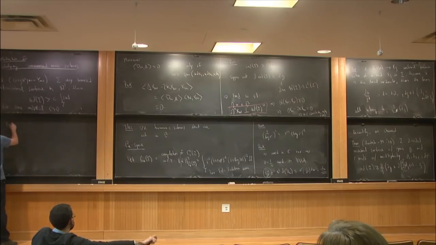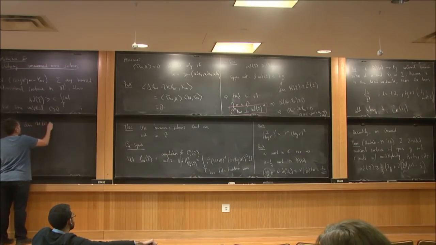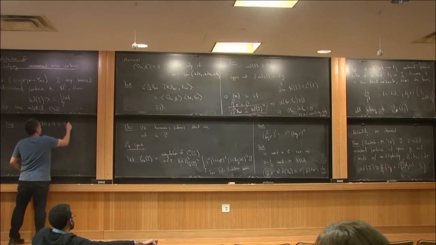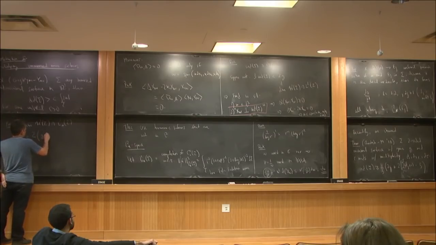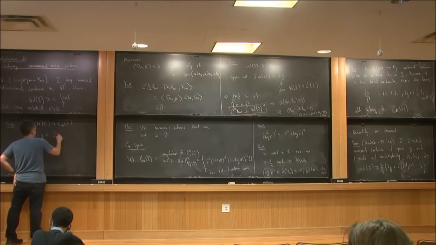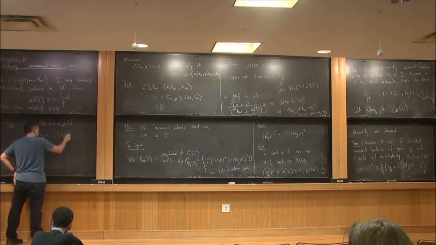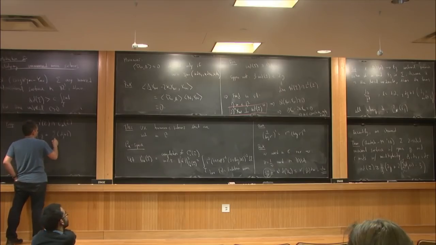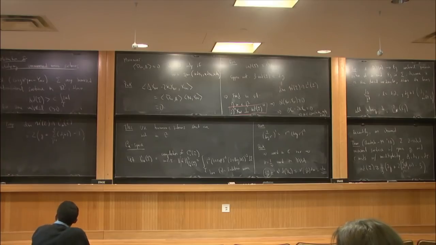So proposition: the dimension of H1 of sigma intersect, this is equal to 2G plus the sum over j of dj plus 1, like that.